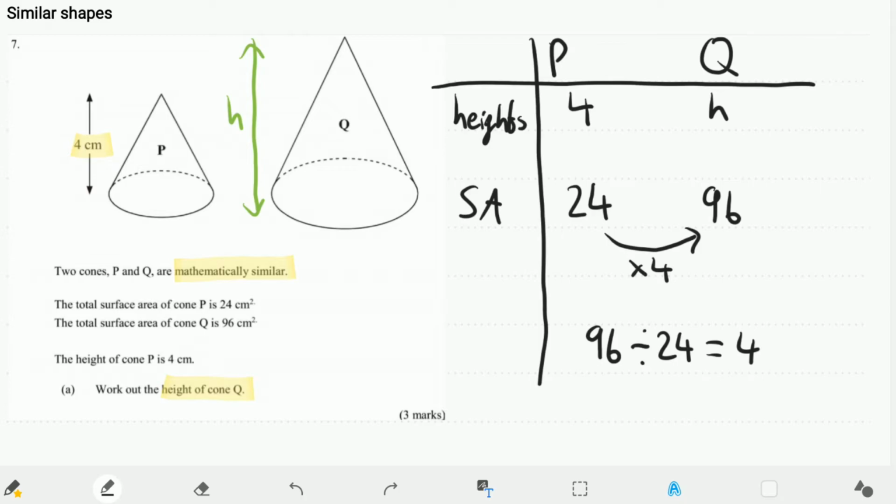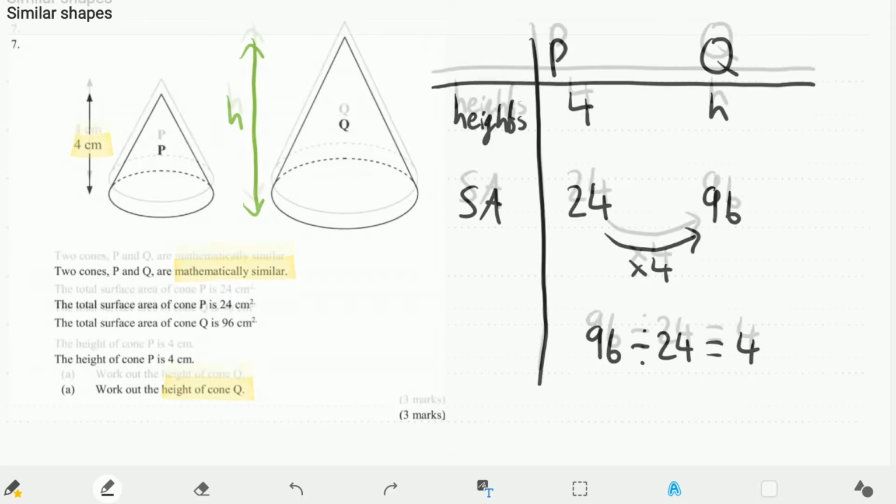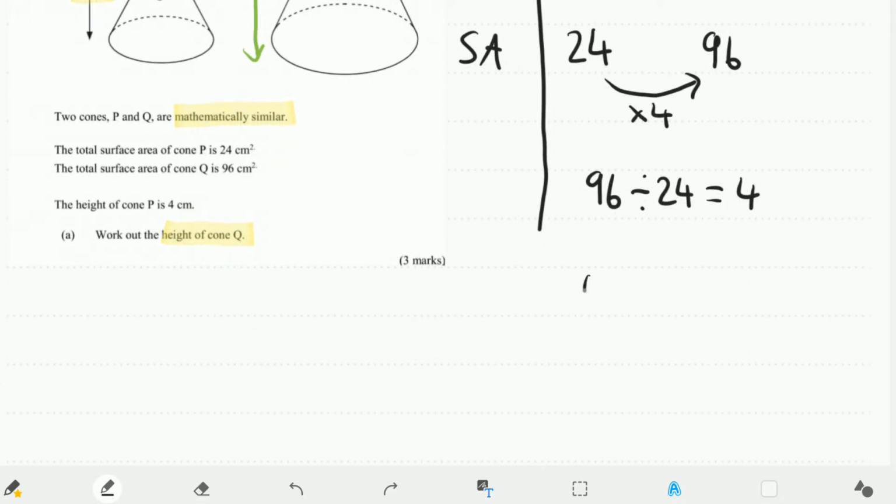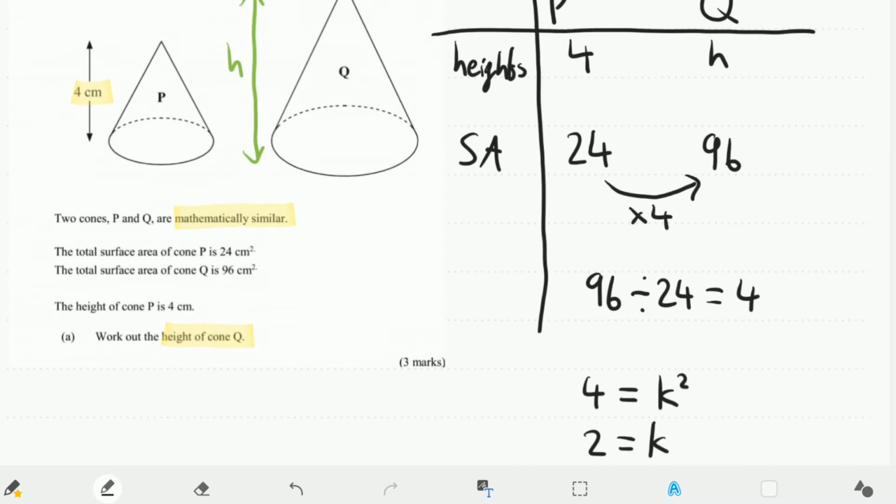And now that we know that the area scale factor is multiplying by 4, that means 4 is equal to k squared, where k is the scale factor for the sides. All right, which means that k will be equal to 2. So to get from 4, we'll have to multiply by 2.